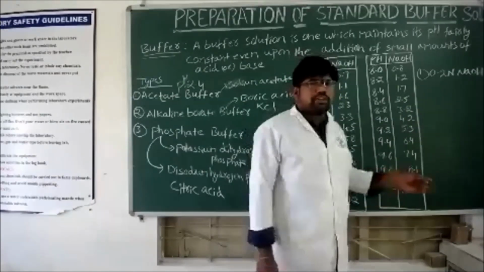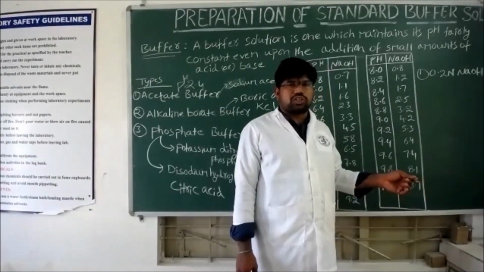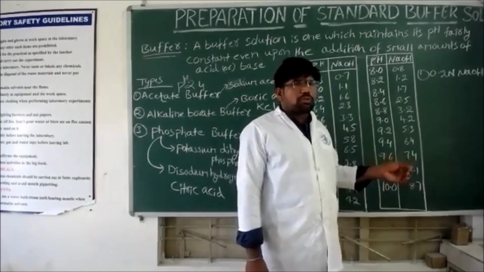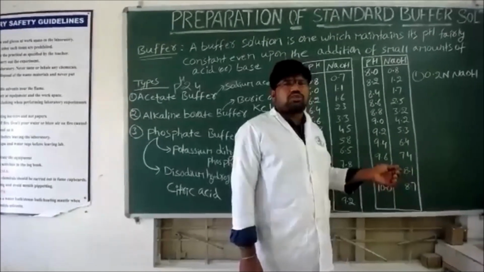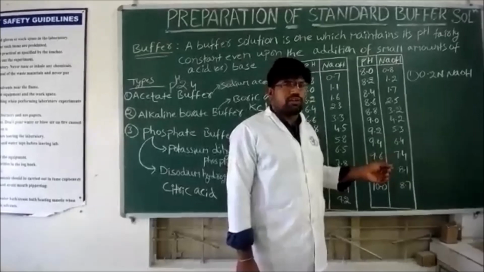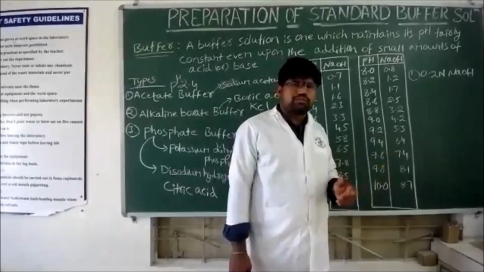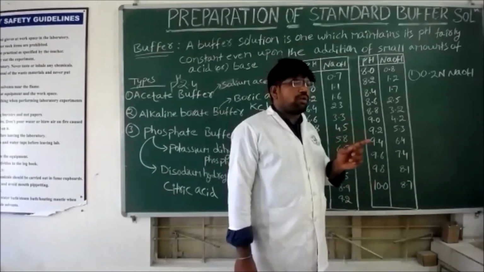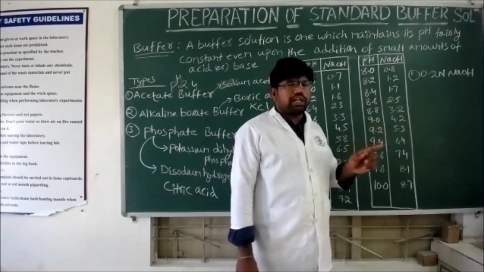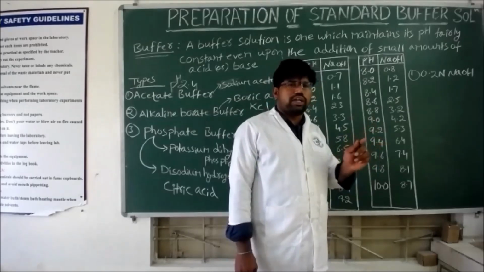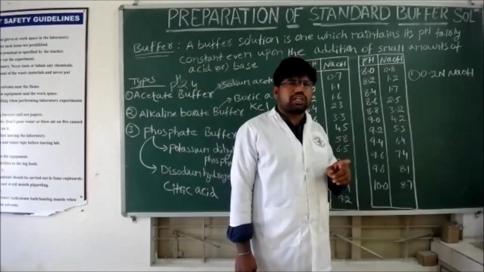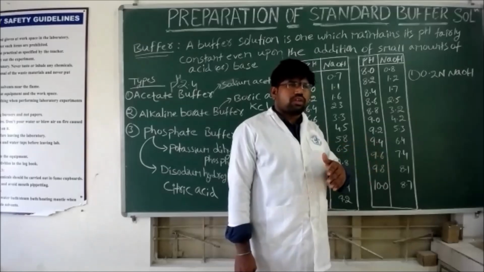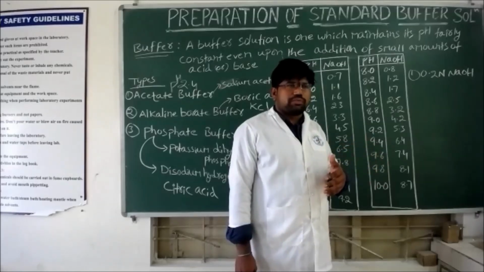If you want to prepare it for 1 liter, the molecular weight of sodium hydroxide is 40 grams. For 1 normal NaOH preparation, we take 40 grams of sodium hydroxide and dissolve it in 1000 ml of water.